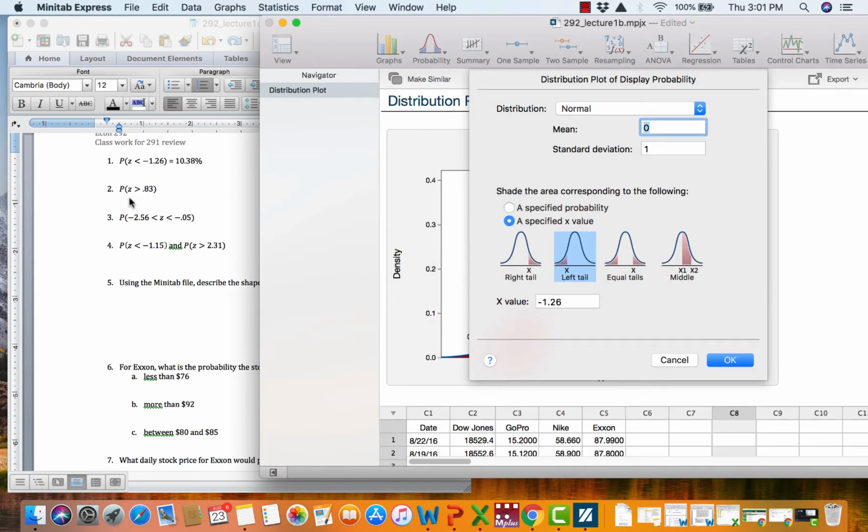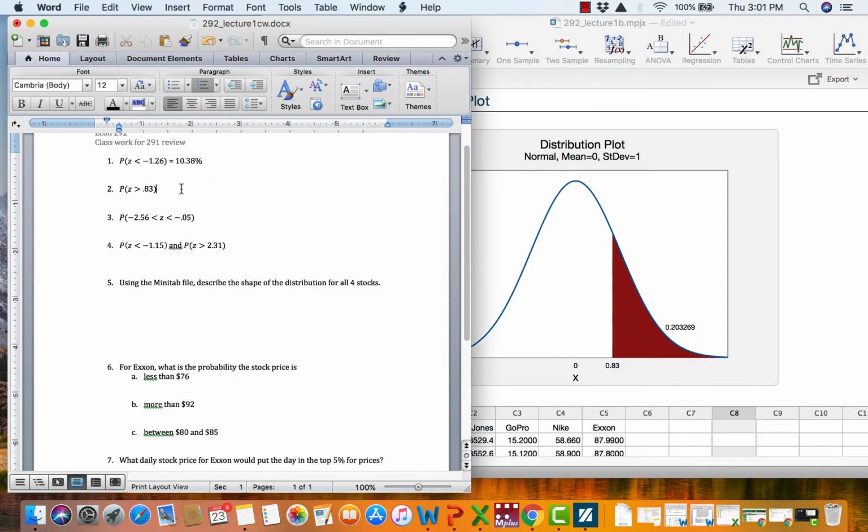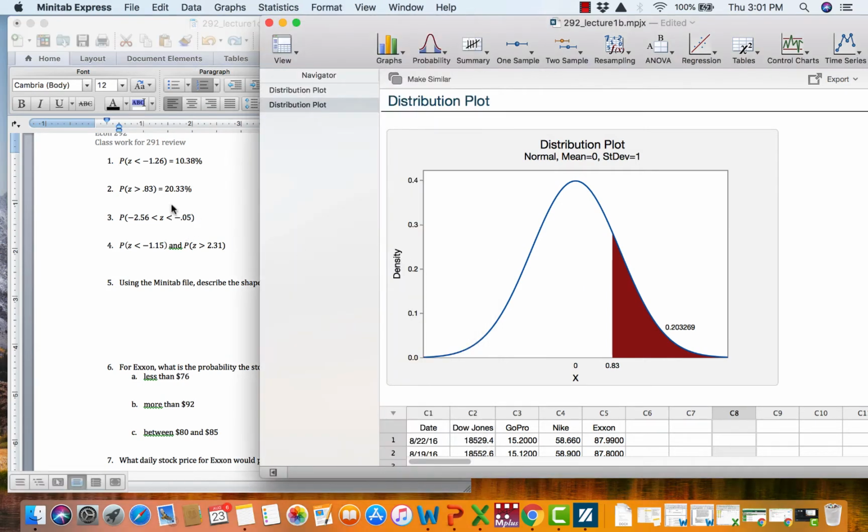All right, now we want greater than, so we change to right tail, and we type in our z-score of 0.83, saying OK, and we get our probability answer here of 20.33%.